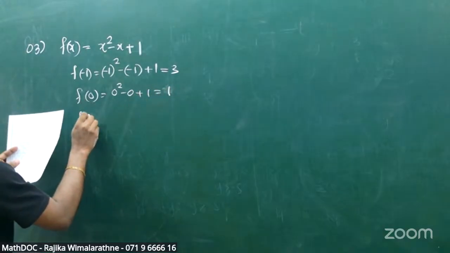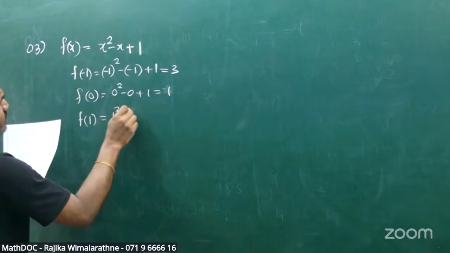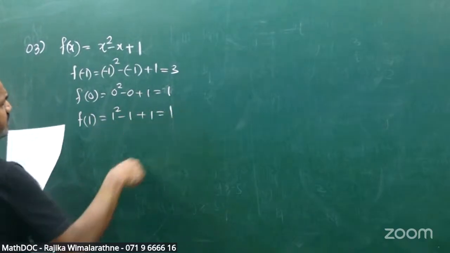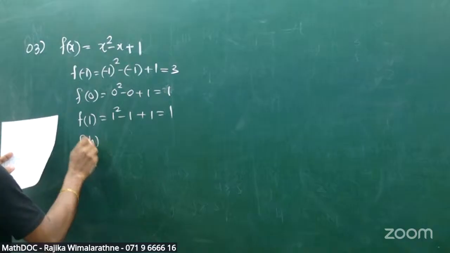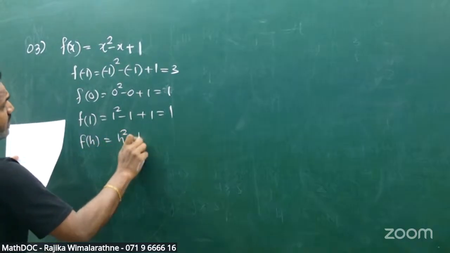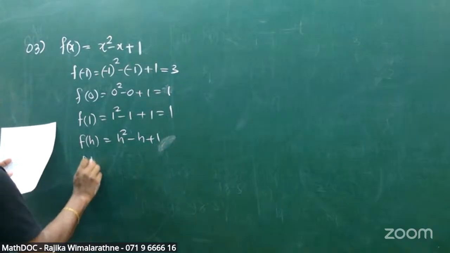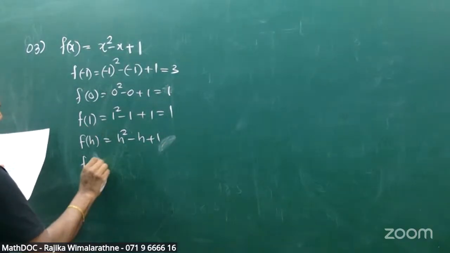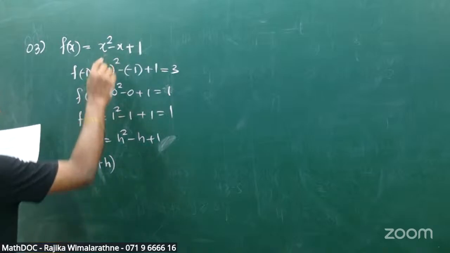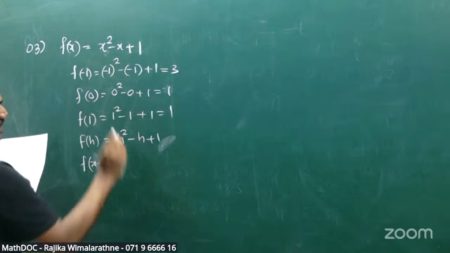Substitute 1: 1 squared minus 1 plus 1, here 1. f(h) is h squared minus h plus 1. f(x plus h): replace x by x plus h.